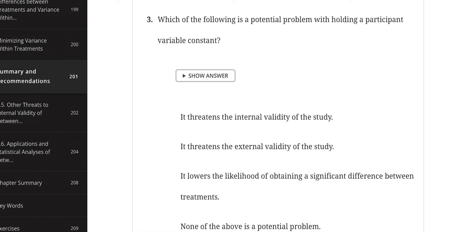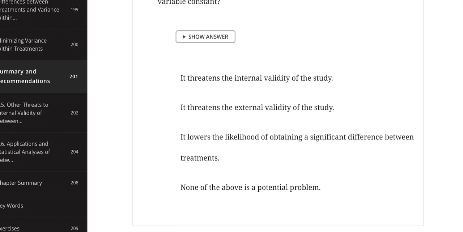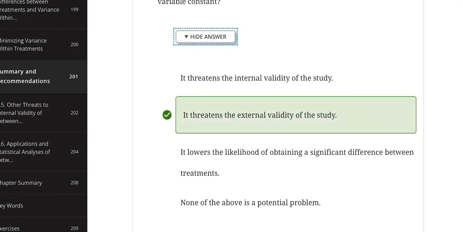Which of the following is a potential problem with holding a participant variable constant? So we just talked about that. What's the problem with holding it constant? And hopefully you know from what we just talked about that it's hurting the external validity. Because again, if you are holding that variable constant, then that means that you are limiting your sample, your participants. You are limiting either their gender, their age, whatever the variable is.